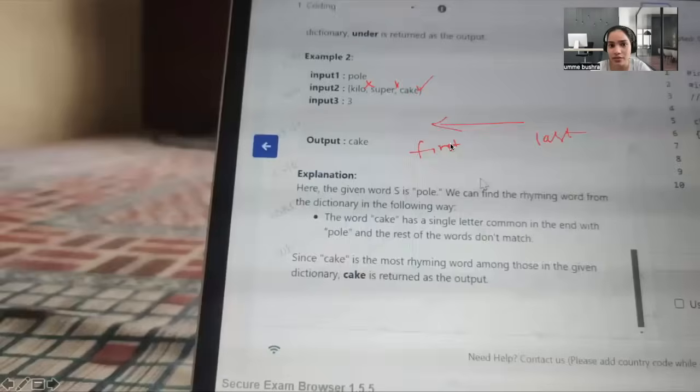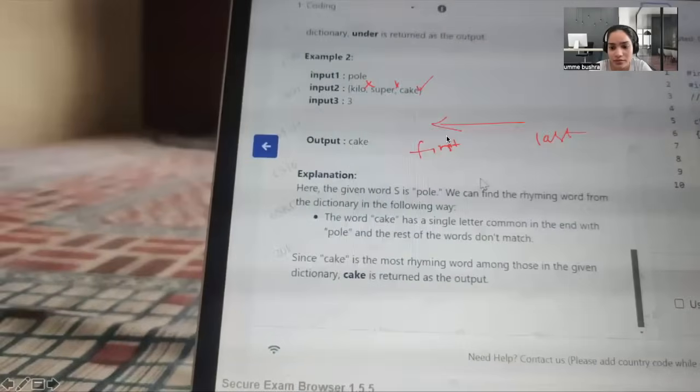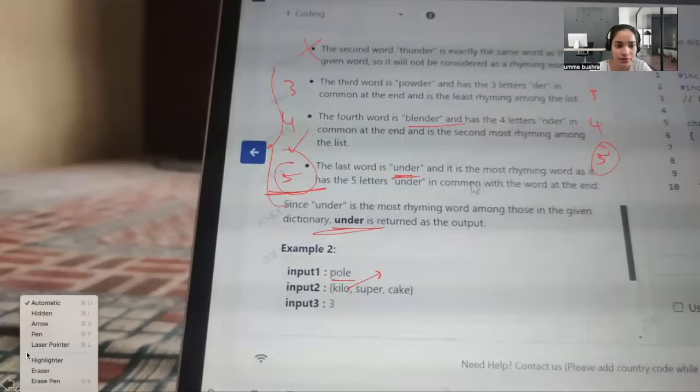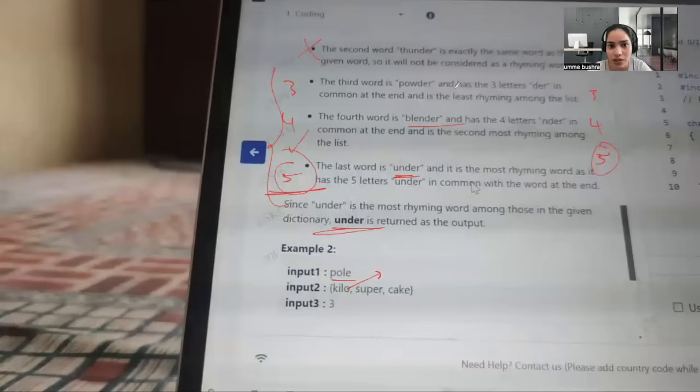Even if you look back at this question here, thunder. Whatever is given to you, you have to come from the right. R is matching, E is matching, D is matching, U is matching, N is matching. Then you go to the words on your left.